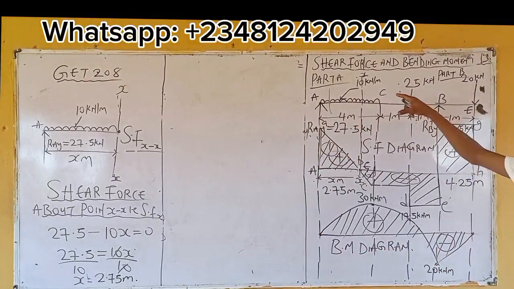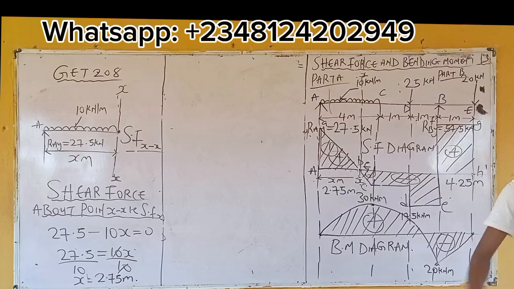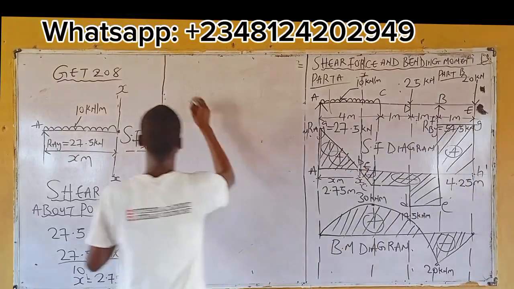Now, you want to come to a conclusion and write your final answer, saying that you've gotten the location where maximum bending moment occur. You can write it in different ways. This is how you write it.